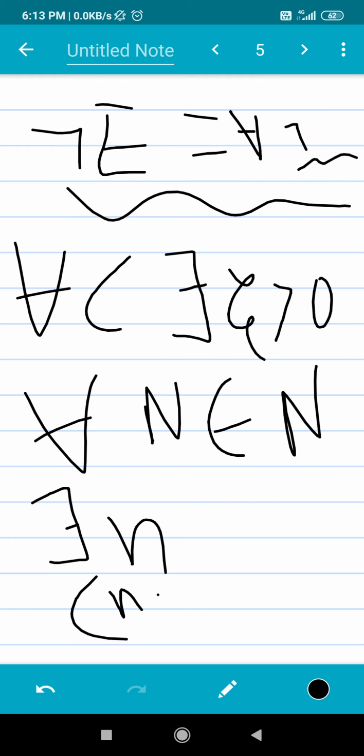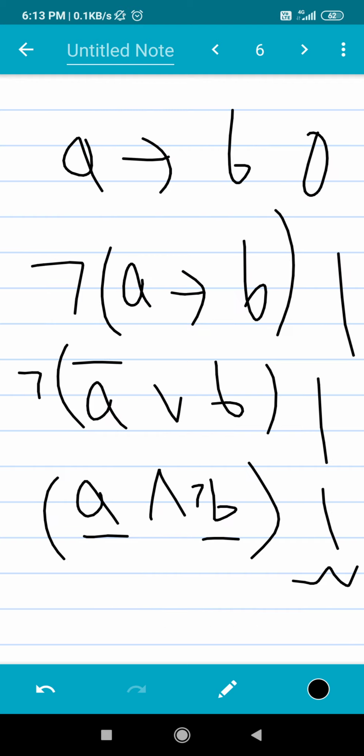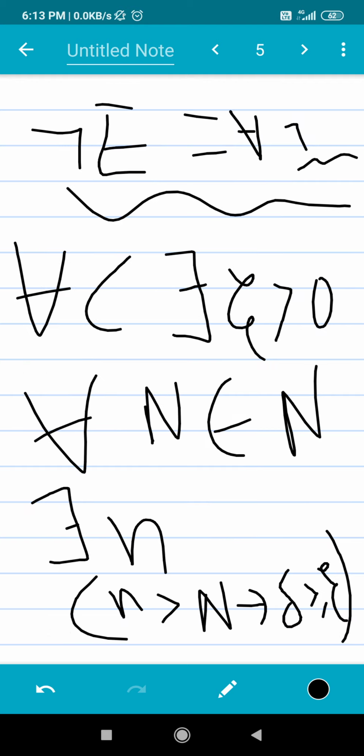So now we can write it like this: n greater than N implies not of this. The delta is now greater than or equal to epsilon. We are taking the not. So if something is not less than, then it is greater than or equal to that. Where delta is again this deviation, and we can combine these two together.